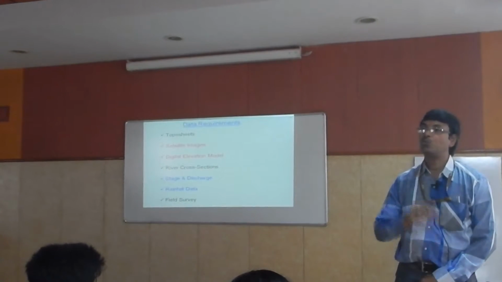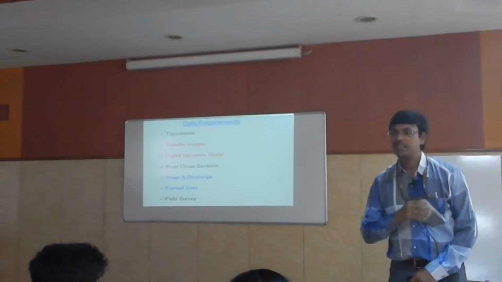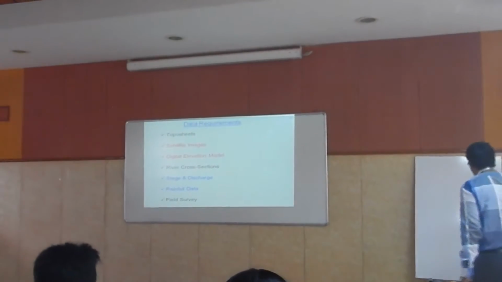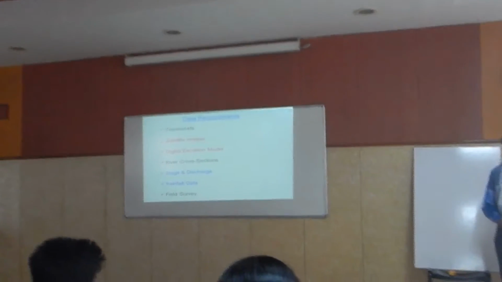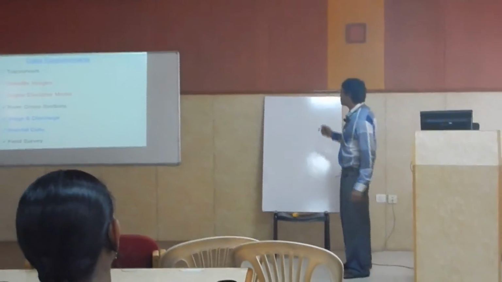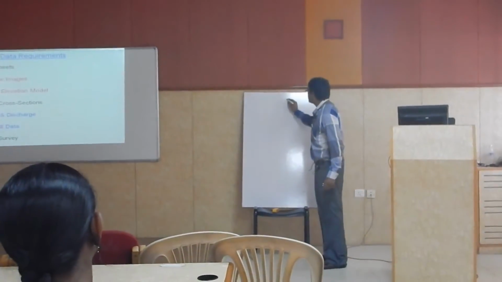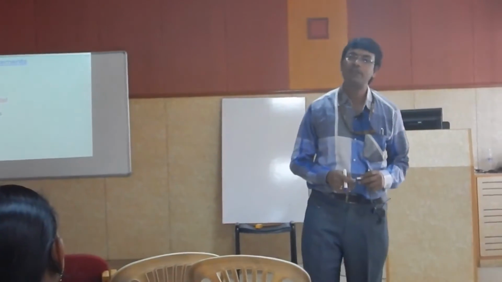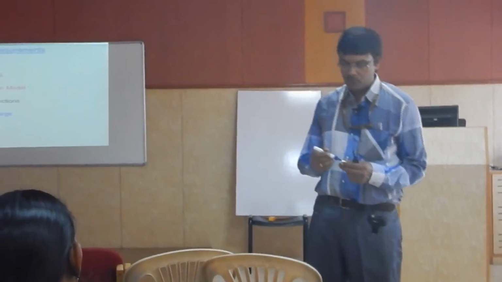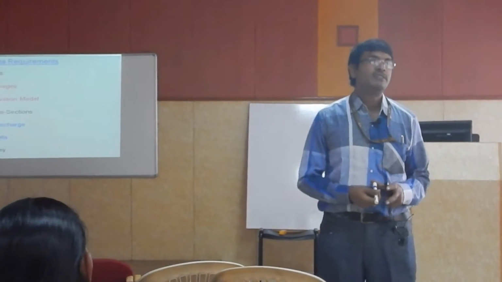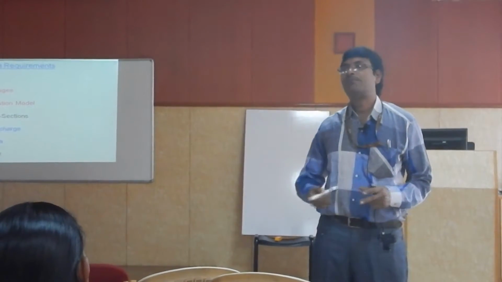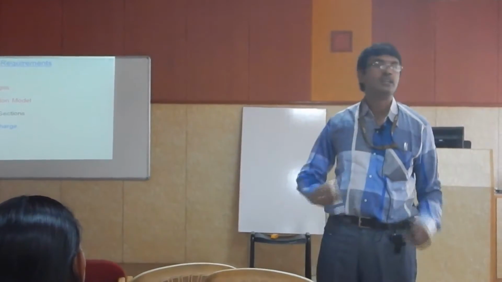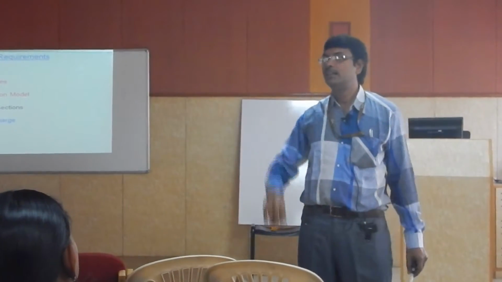A 2.5 meter resolution means, just see here, the pixel size. If you observe any figure, this gives the resolution of any picture. It is indicated by digital numbers. Just as when you observe your television at the time of no signal, you see small pixels on your television screen.